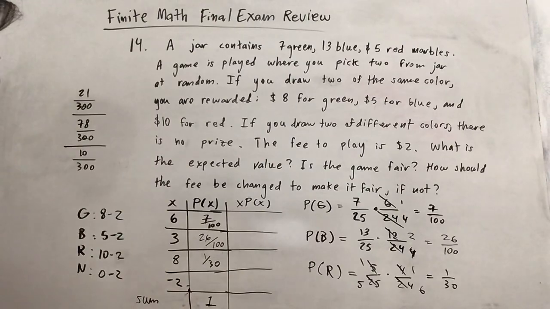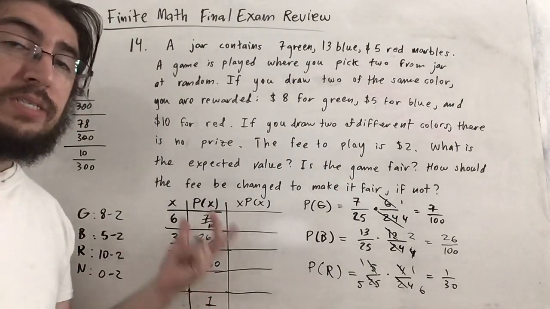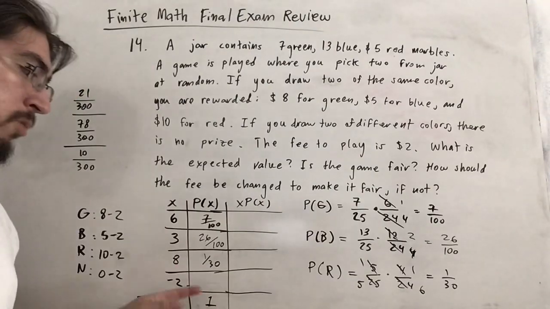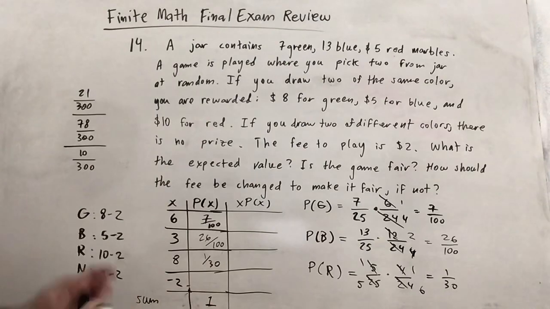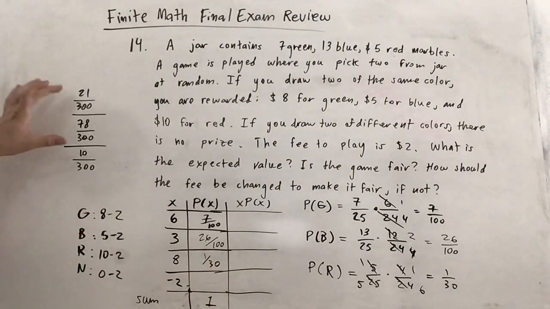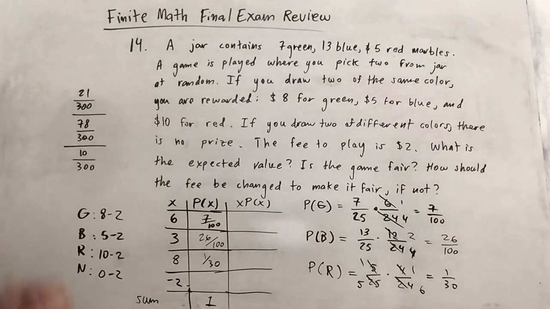Great. Now the reason why I'm doing this is because I want to figure out what the probability of drawing none of the same color is. And it's basically just 1 minus these added. And since we have them as a common denominator now, we can clearly see that they add to, well, let's see. These two add to 31. 31 plus 78 is 109. I think that makes sense. Good.